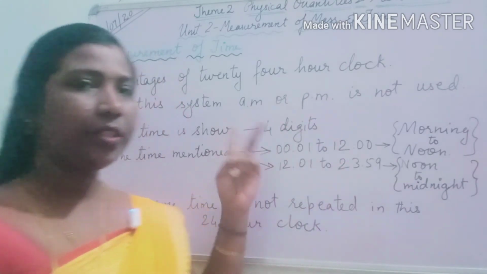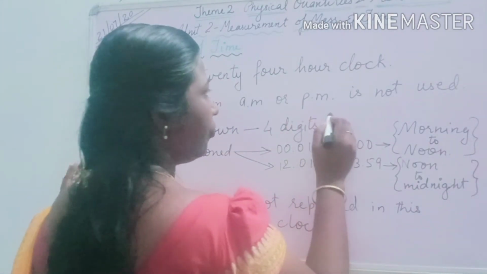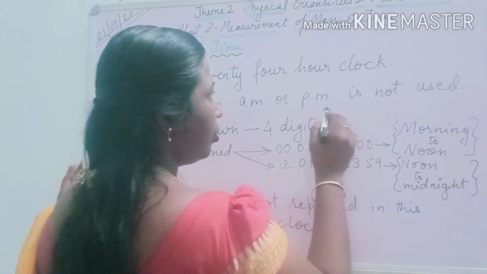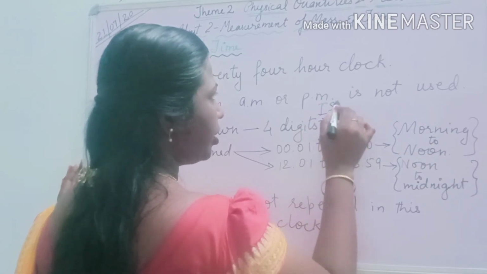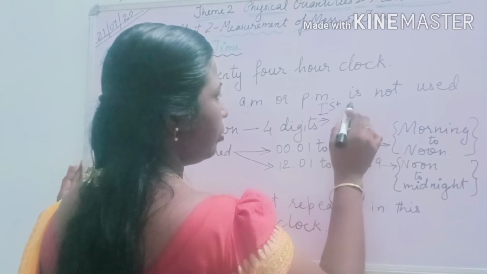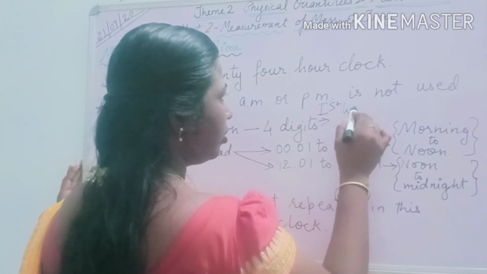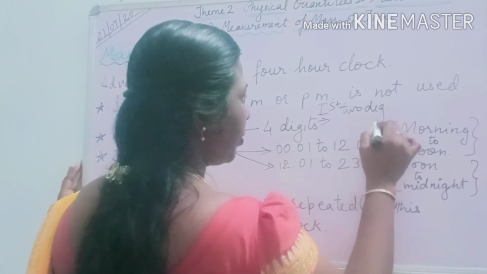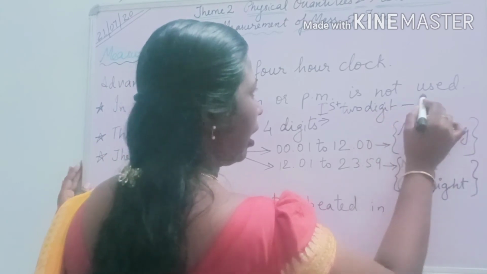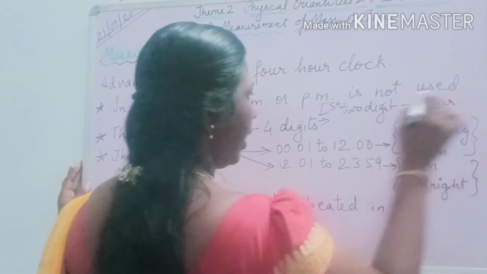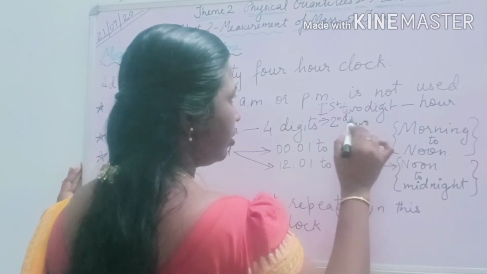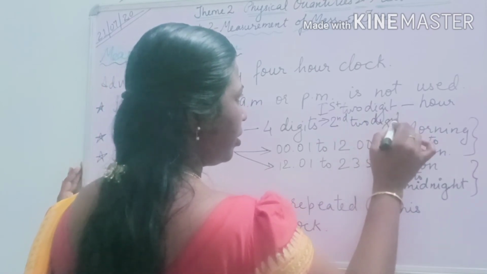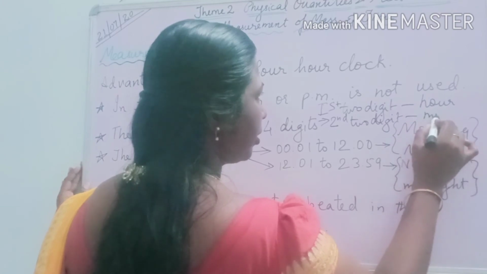The first 2 digits are represented as hours, and the second 2 digits are represented as minutes.